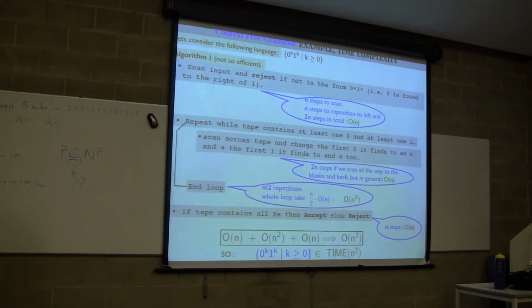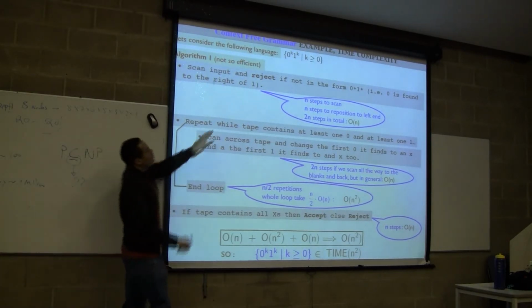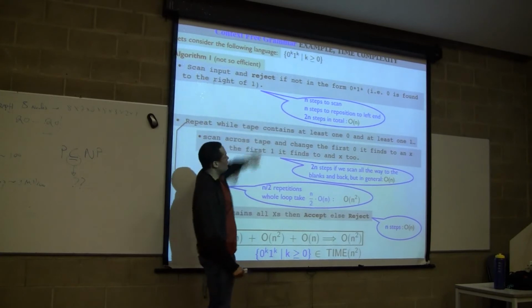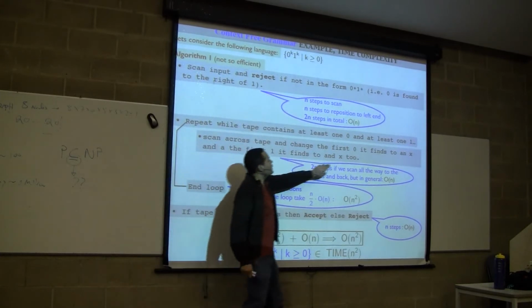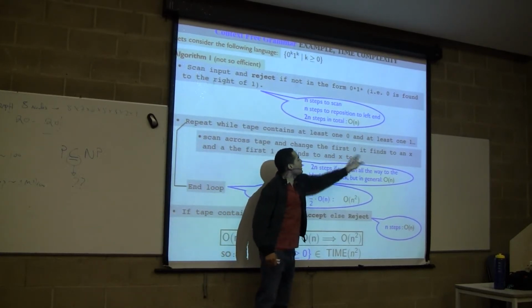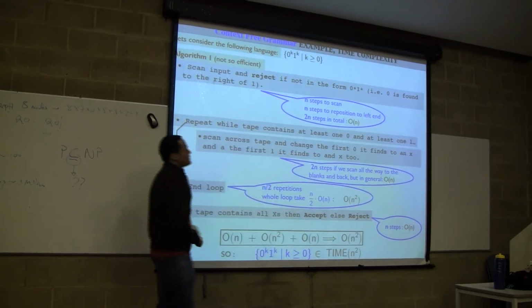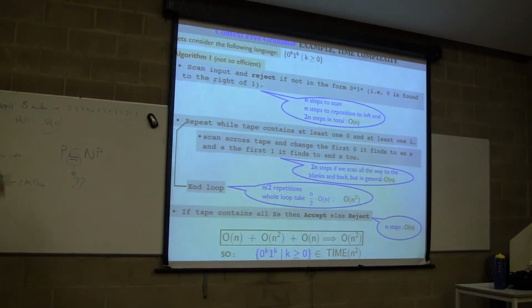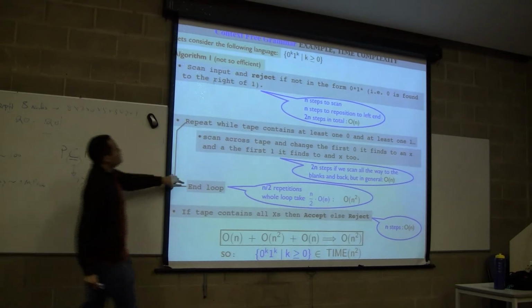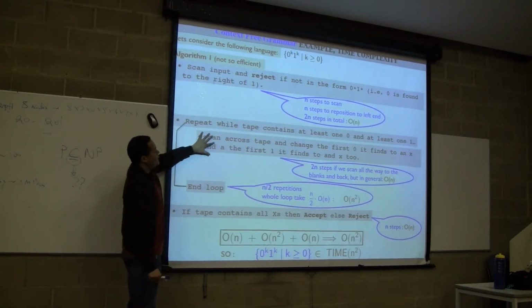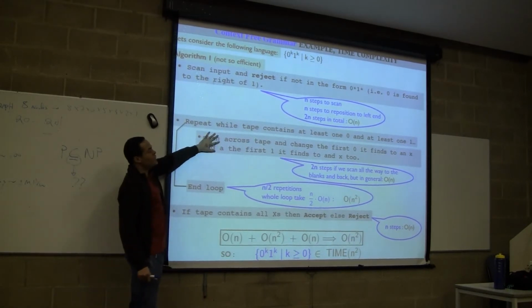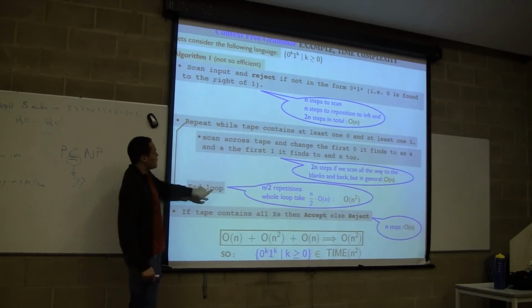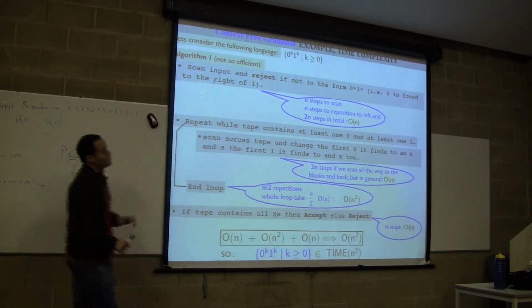Now, the loop, because I'm taking strings of size n, and because I'm marking 2 x's every time, one for the 0 and one for the 1, that means I'll do this loop n over 2 times. Right? So the total time taken is the time taken to run this particular body times the number of times it repeats.